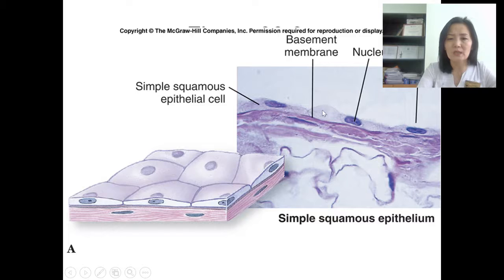Why simple? Because it consists of a single layer of cells. You can see here 1, 2, 3 cells, and this one too, 1, 2, 3, 4 cells. That's why simple. Why squamous? This type of epithelium consists of flattened cells. That's why squamous epithelium. Of course, this type of epithelium has a basement membrane.